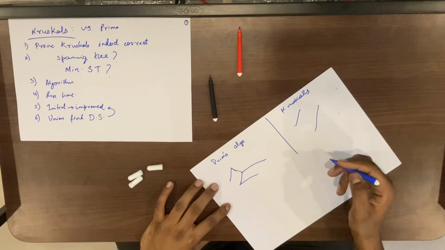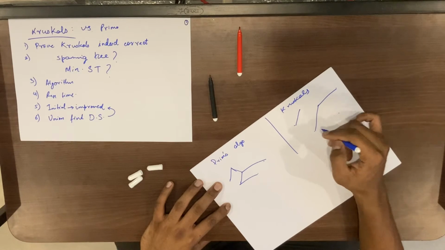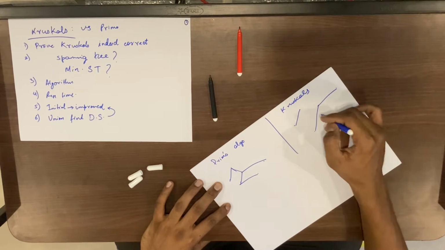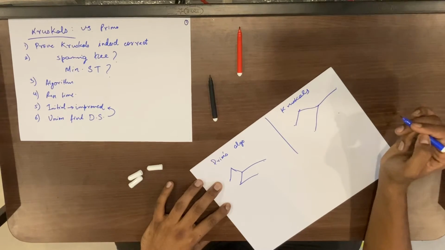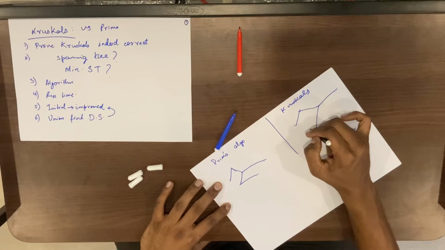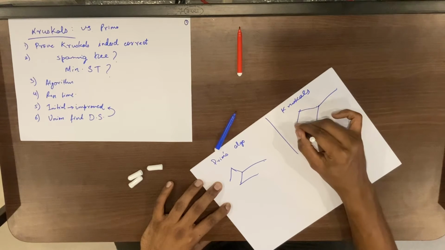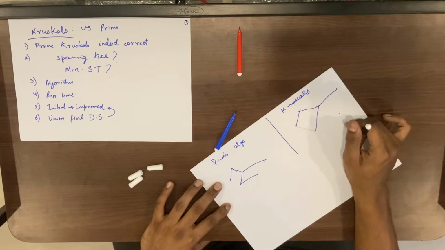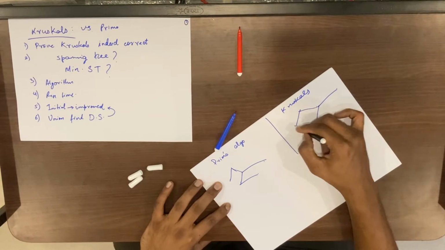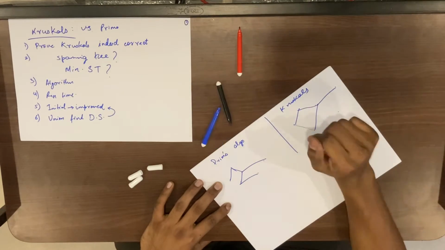Whichever is the next minimum edge, we'll add it. Now let's say the next minimum edge is this, and now the next minimum edge is, let's say, this particular edge. My black pen is not working, but you get the point. If this was the next minimum edge, adding it results in creation of a cycle.